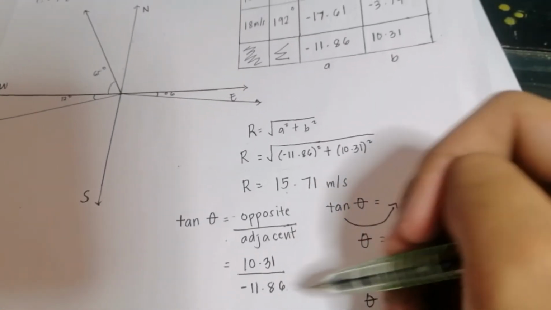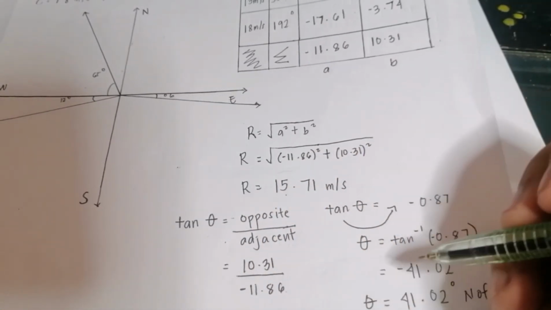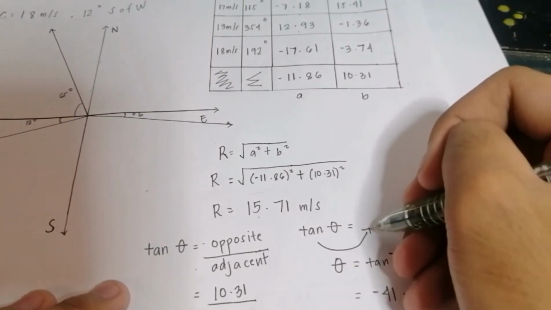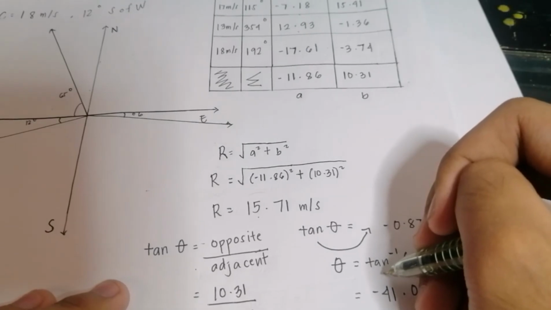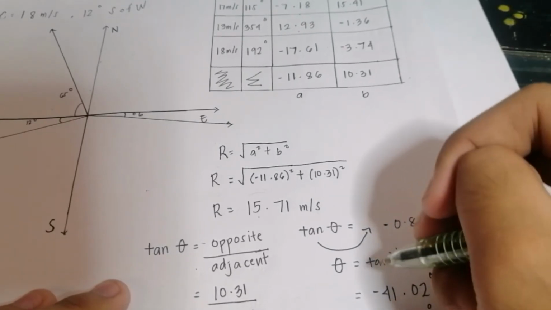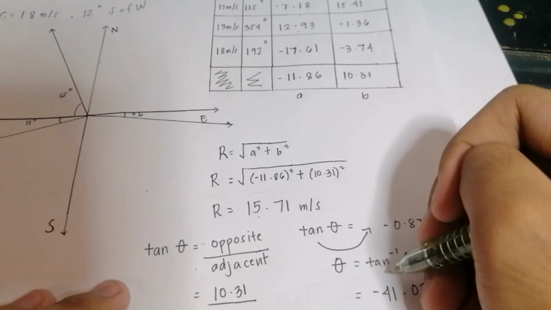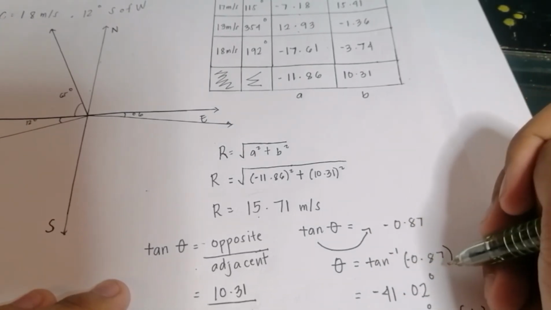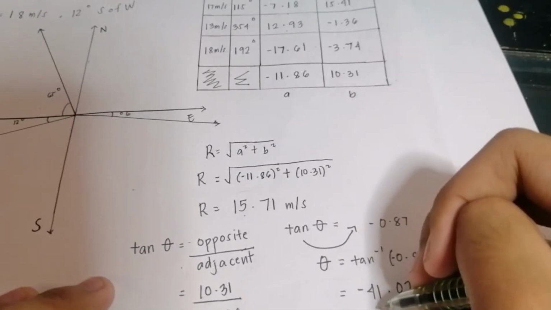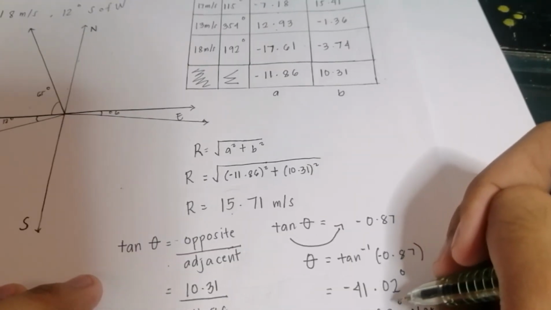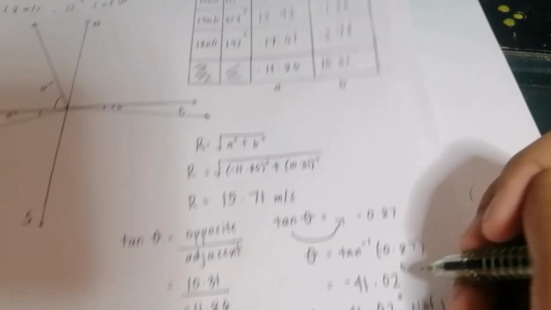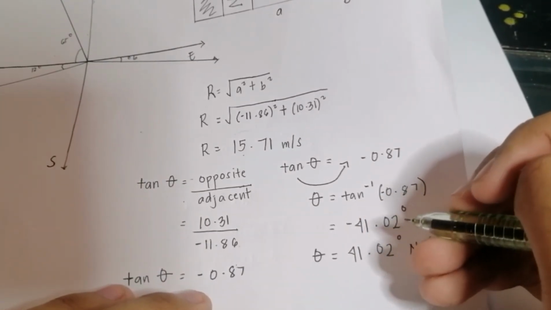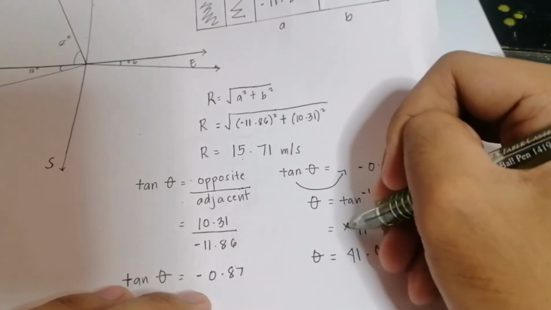Now, we need to transpose the tangent to become an inverse tangent. So, theta is equal to inverse tangent of negative 0.87. And the result is 41.02 degrees. There's no such thing as a negative angle, so we're going to dispose of the negative.